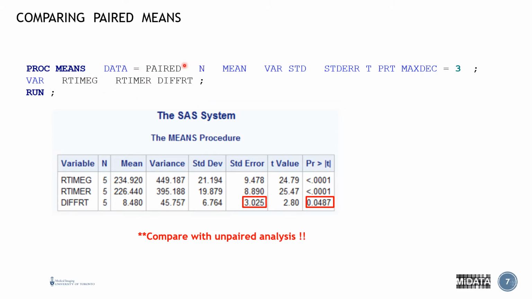Remember we calculated the difference per pair. The output is going to be by variable. It's going to give you your mean, your variance, your standard deviation, your standard error, your t-value, and your p-value.